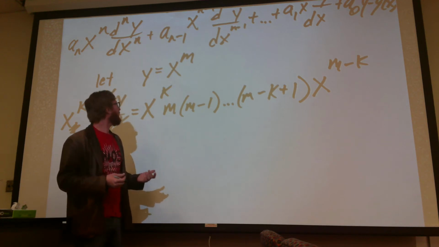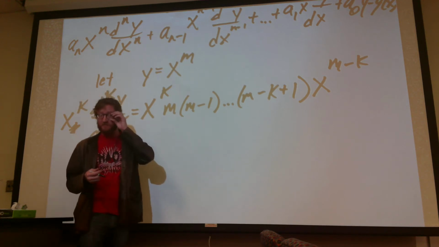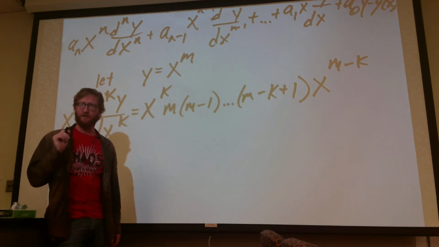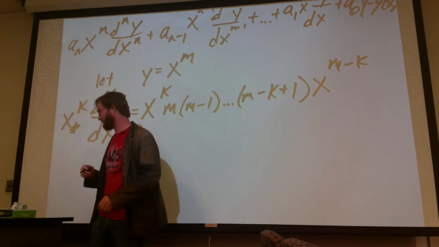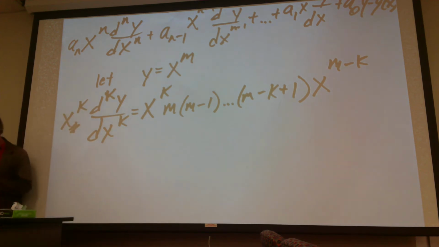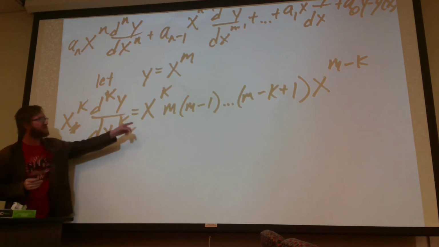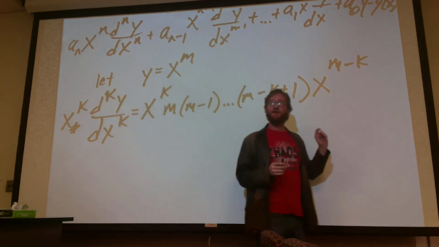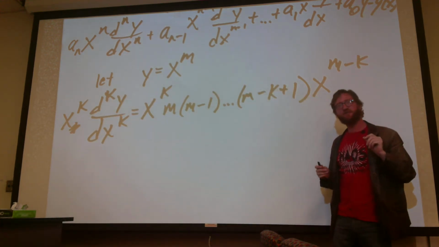In general, when it comes to this problem, we're going to be looking at second order derivatives. Oh, sorry. Let's look at the quantity that actually comes from this. We have an x to the k right here, and then we have an x to the m minus k right here. And remember, multiplication is commutative.